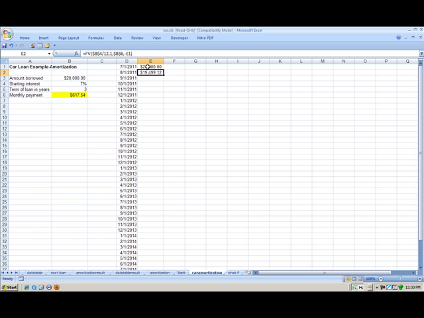Let's take a look first at the general formula. It equals future value, and those are the parameters: the rate, period, the amount of time periods, and the payment.